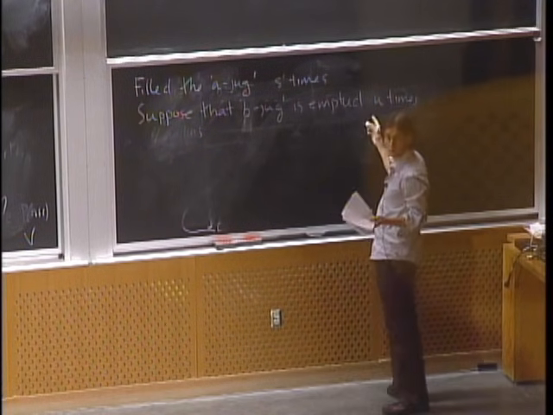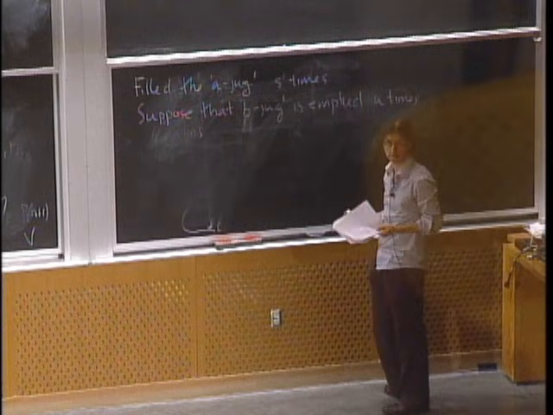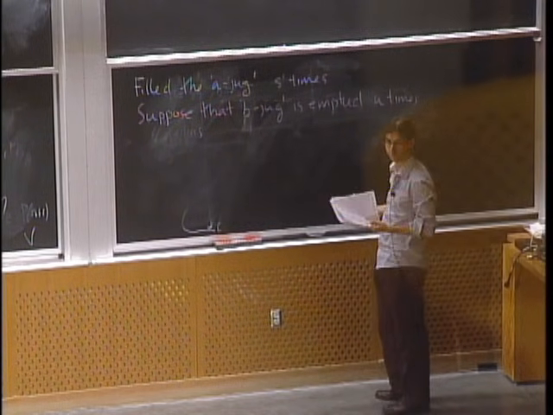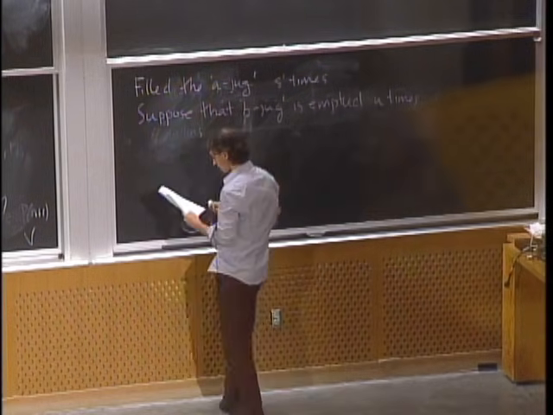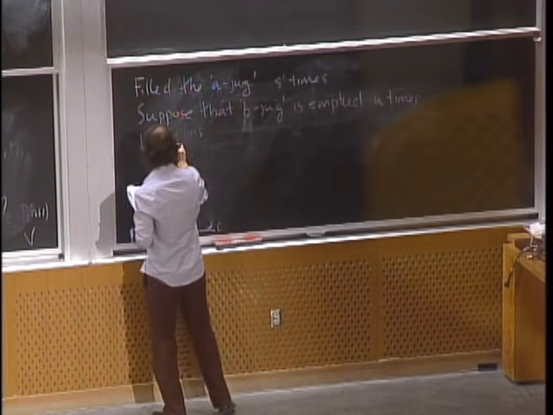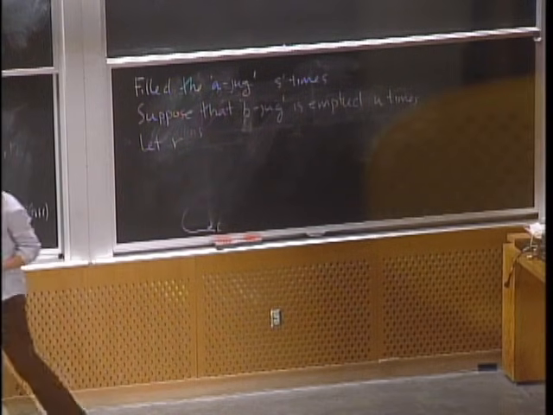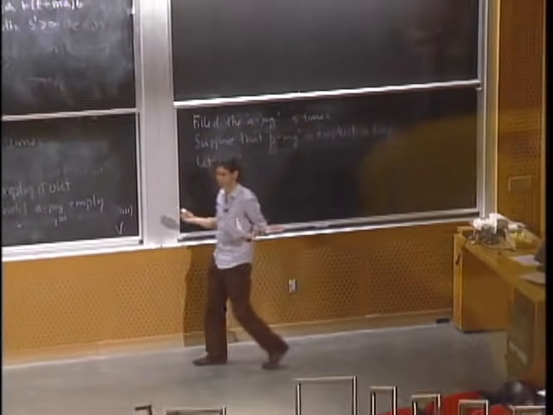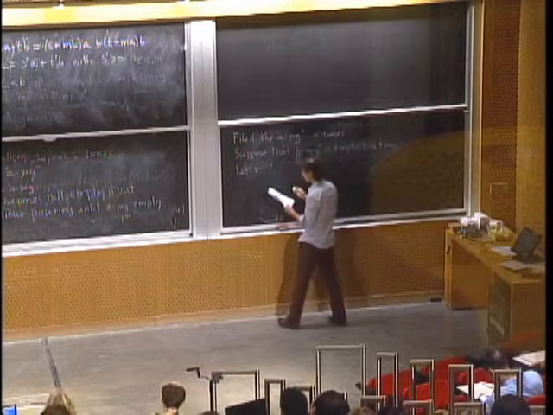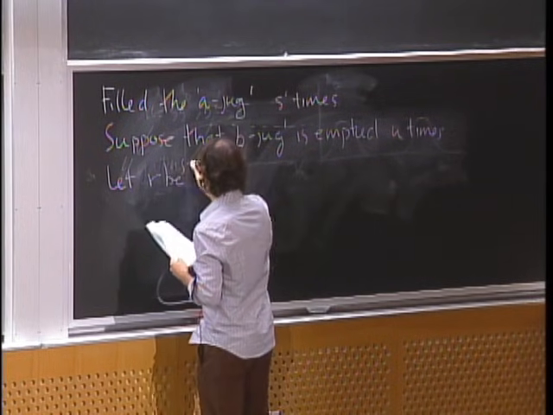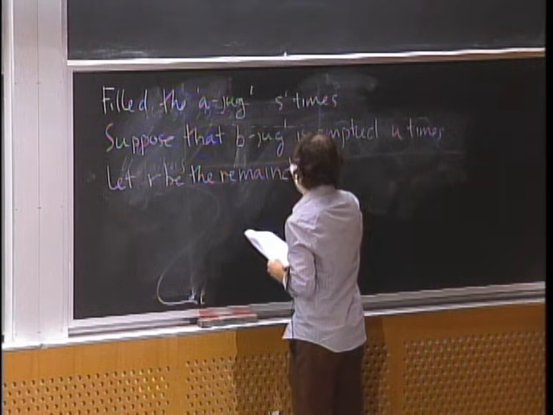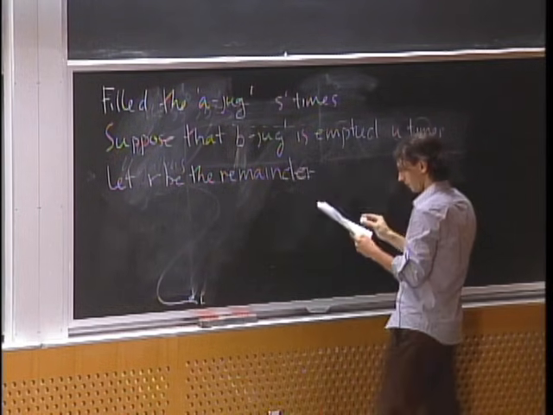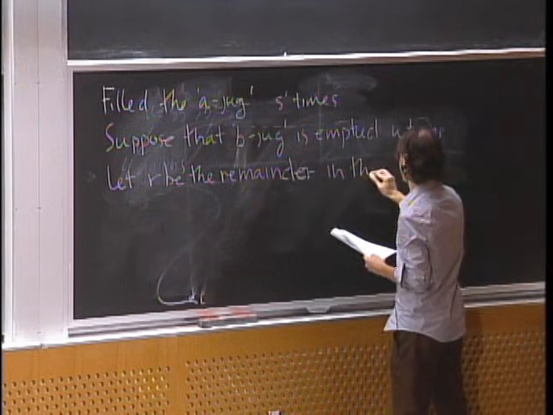I do not know how many times, but let's assume it's U times, and then try to figure out whether we can find some algebraic expression. So, at the very end of the algorithm, let R be what is in the B jug. So let R be the remainder in the B gallon jug.